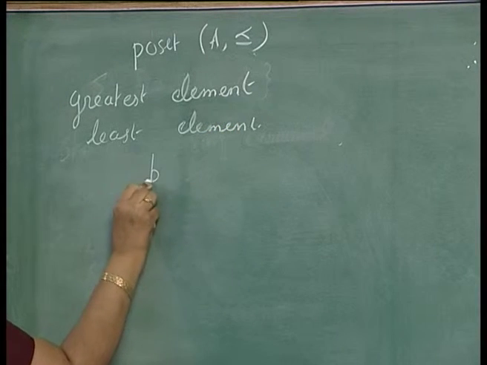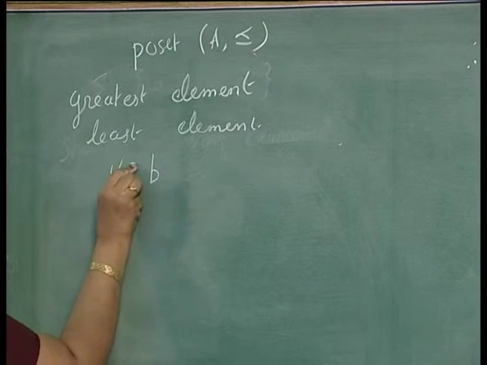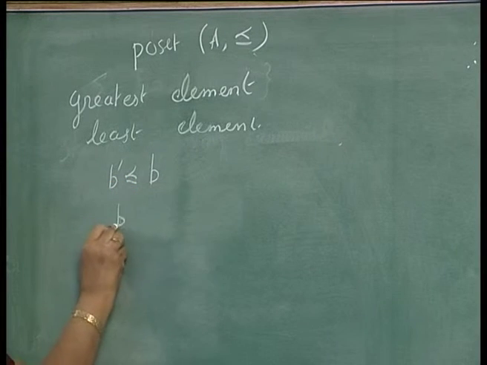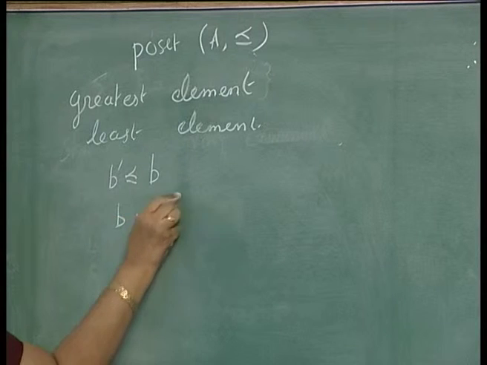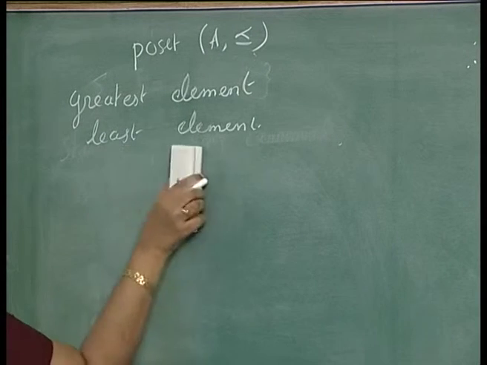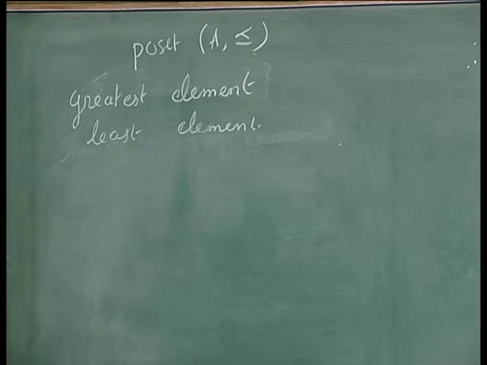If B is a greatest element, any B dash will be less than or equal to B, and if B is a least element, any B dash will be greater than or equal to B. The greatest element and the least element will belong to the set. They need not exist. If they exist, they are unique.